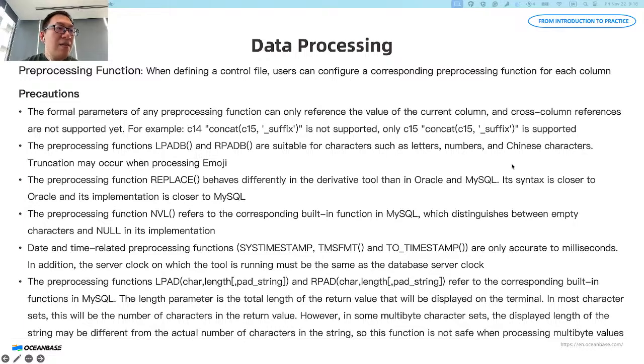And the third one is that the pre-processing function replace behaves differently in the derivative tools than in Oracle and MySQL. The syntax is closer to Oracle, and its implementation is closer to MySQL. Okay, we will not introduce the following content in detail. If you are interested, you can review it after this lesson.